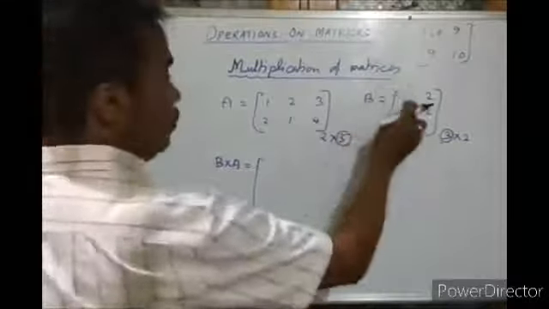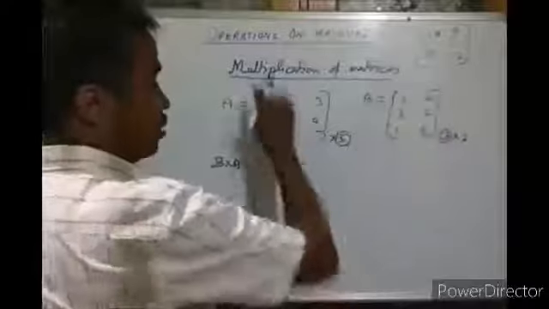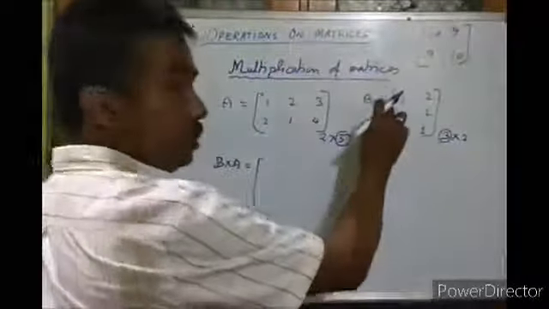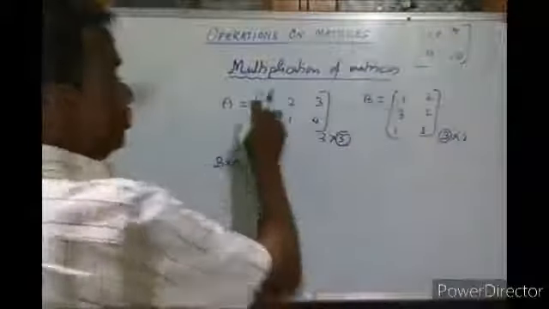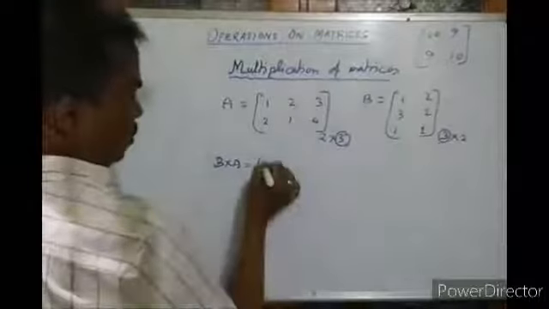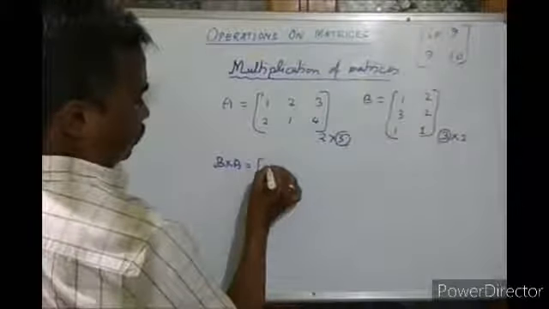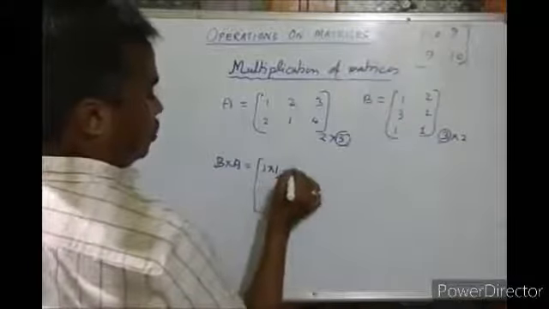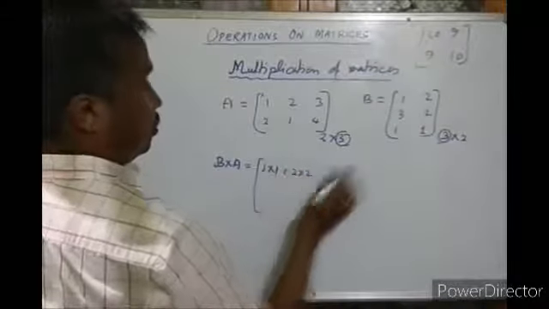So B into A, we start with the first row into first column. When we take the first row of B and the first column of A, that is equal to 1 into 1 plus 2 into 2.